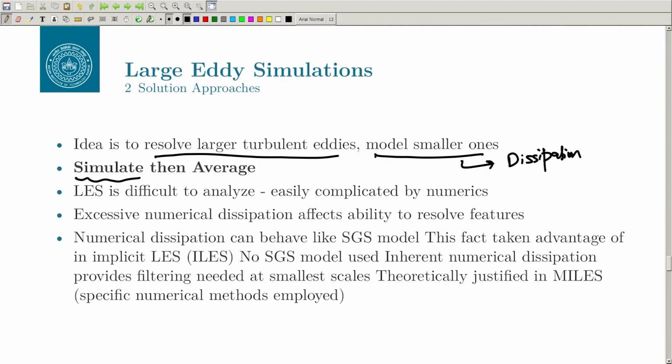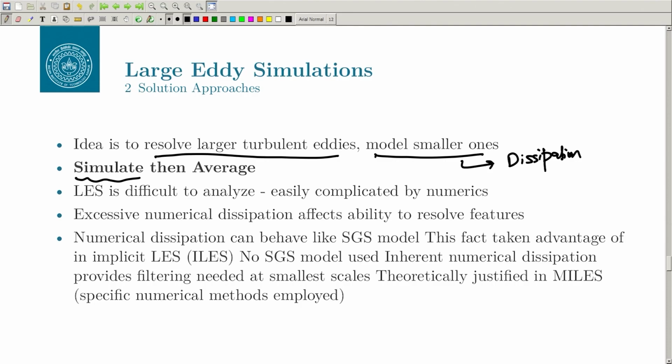The reason it is a filter is that if your grid size is above a certain level, it is basically resolving the eddies which are above a certain level. So, it is filtering all the eddies which are smaller than that scale and putting some kind of model there. But we will not get into that argument of how to derive the filtered Navier-Stokes equations. For all practical purposes it is the Navier-Stokes equations, and for the eddies which cannot be resolved by the grid we use some kind of model.